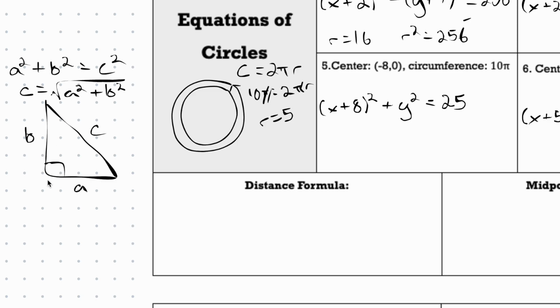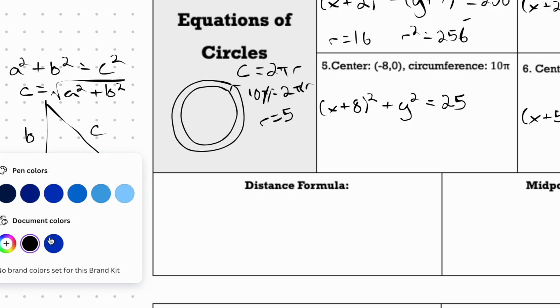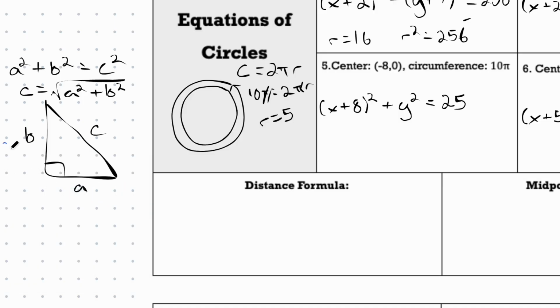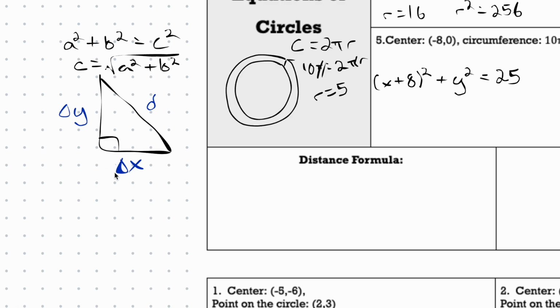So what if I told you, instead of saying A, and instead of saying B, and instead of saying C, we replace these with X, Y, and D. And maybe it might be more fitting to say delta X, or the change in X. Basically what this means is how much X changed by.